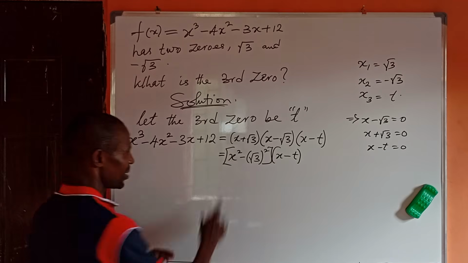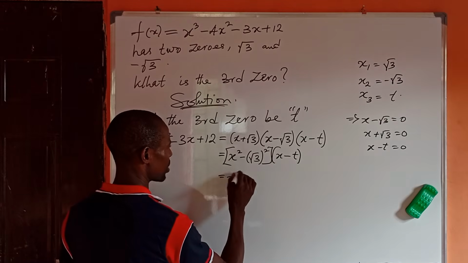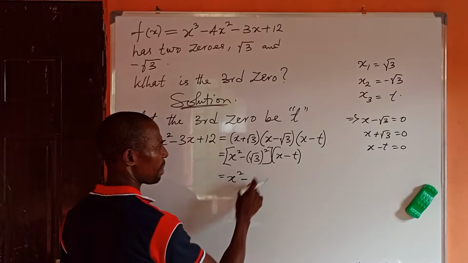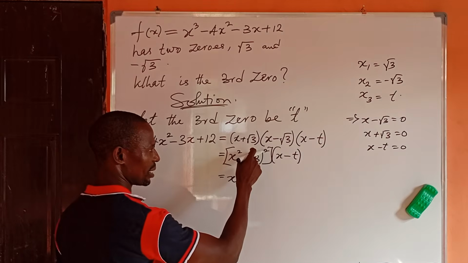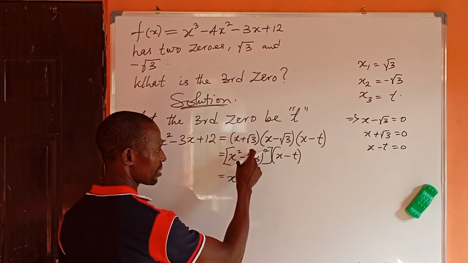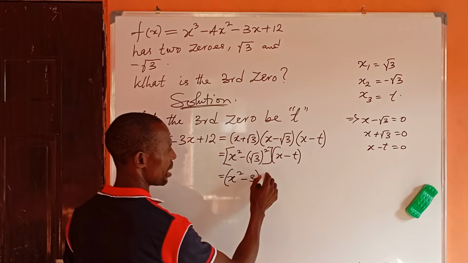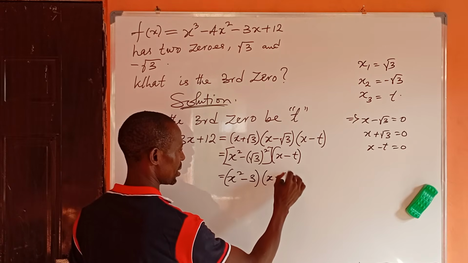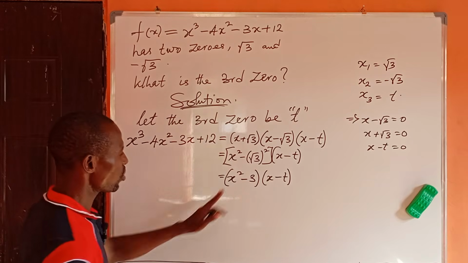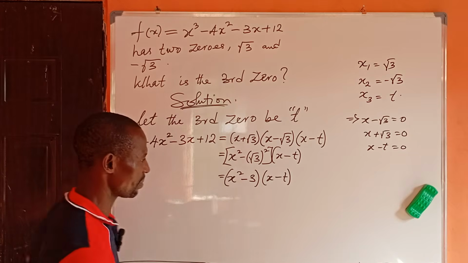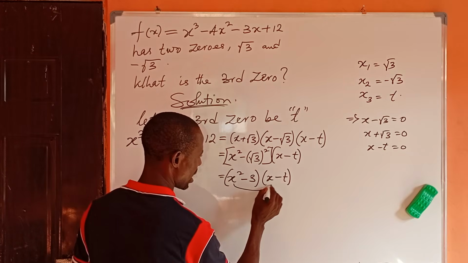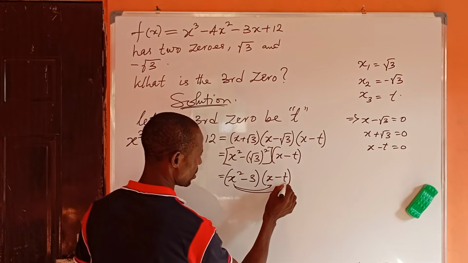Easy. So this is going to give us x squared, then minus this, we cancel out this, right? If this cancels out this, we're going to come out here with just 3, close bracket, then bracket x minus t. Easy. So let's open up this now, using this to multiply this. So we're going to use this to times this, then we equally use this to times this.